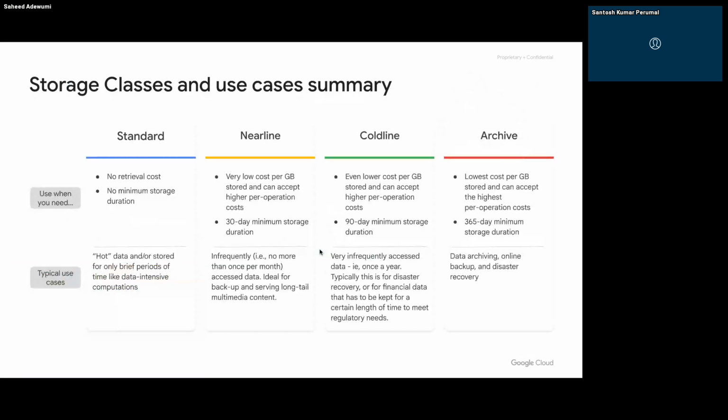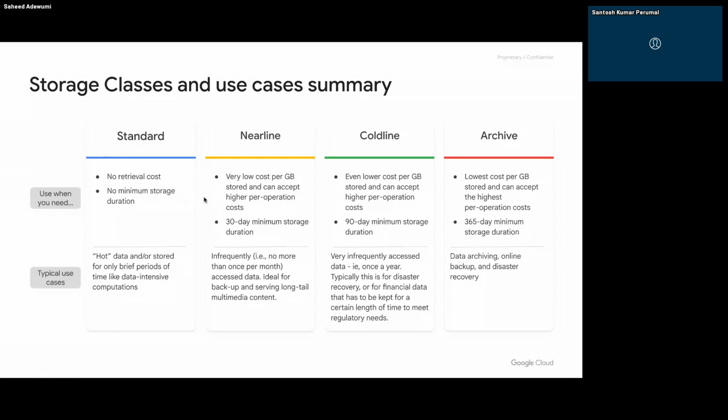So moving forward, we have storage classes. As I said earlier, we have Standard, Nearline, Coldline and Archive. Standard has no retrieval cost and no minimum storage duration. This is hot data, meaning anytime you access it, you get it instantly because there is no latency, compared to Nearline, which has a 30-day minimum storage.